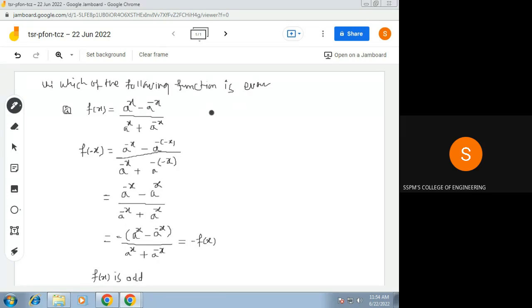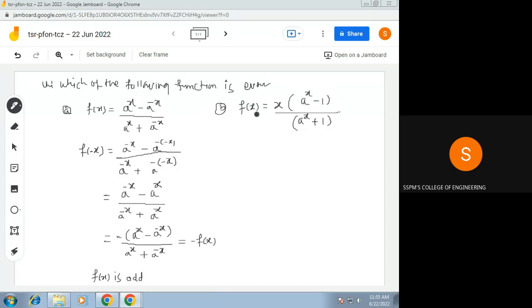Now to check one more function, that is the next function: f of x equals x times e raised to x minus 1 upon e raised to x plus 1. So how to check whether this function is even or odd?